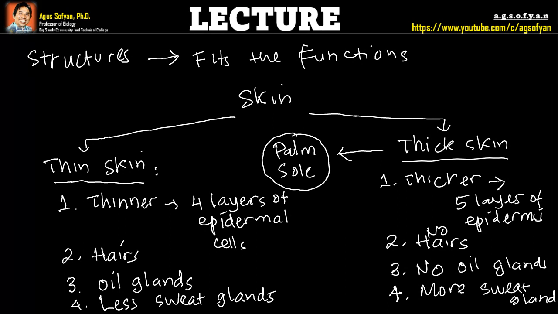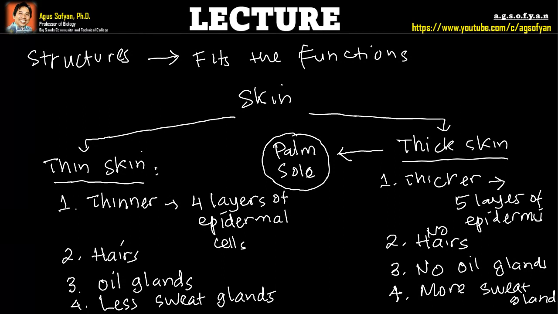Also in the sole, there will be no hair. And this palm and soles, they usually sweat more because what? Because this area, the thick skin, they have more sweat gland. Okay, so these are the differences between the thin skin and the thick skin.